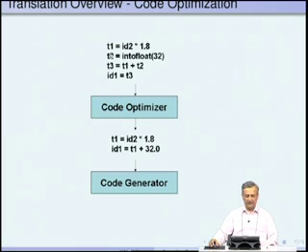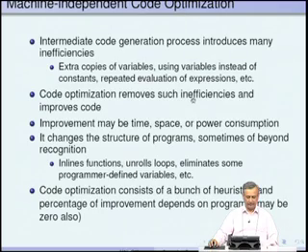So, the three statements T2, T3 and ID1 have been combined into a single statement ID1 = T1 + 32.0. So, such elimination of unnecessary statements is possible using the code optimizer. Code optimizer improves the quality of the intermediate code that is generated and feeds it into the code generator.